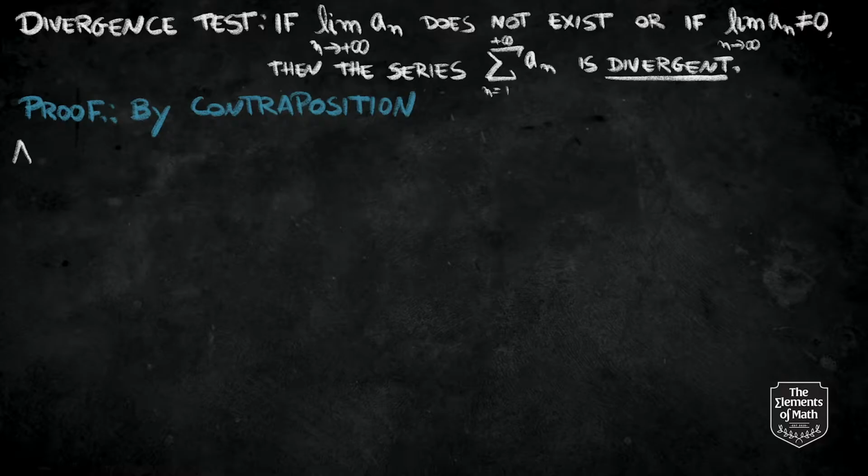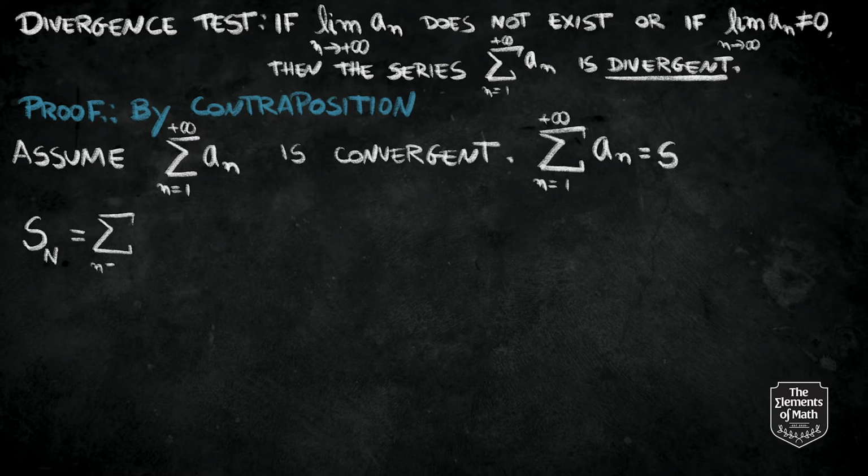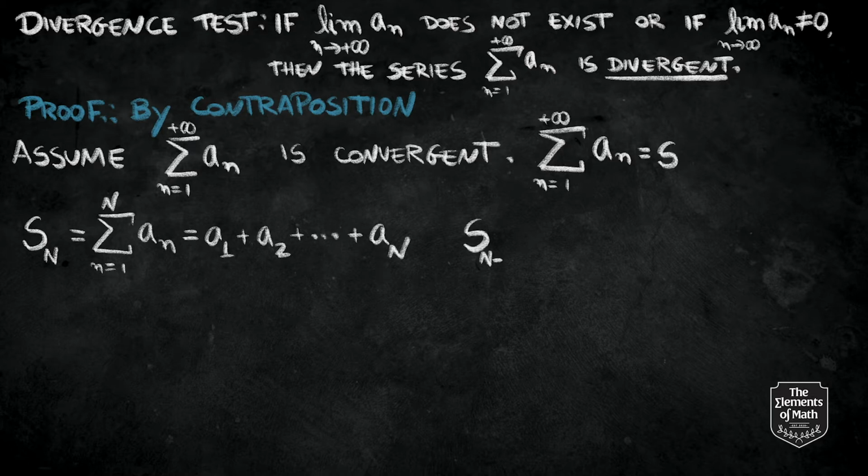So let's assume my series is convergent, and let's call this series equal to S. So S_n, I'm going to use that for my series from n equals 1 to n of a_n. It means I'm adding the first n terms. Great.